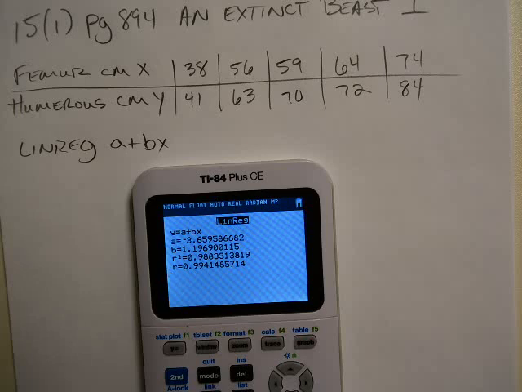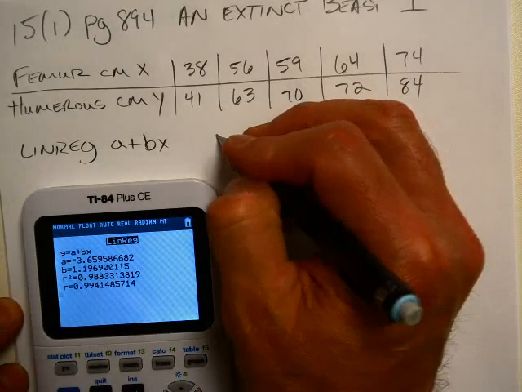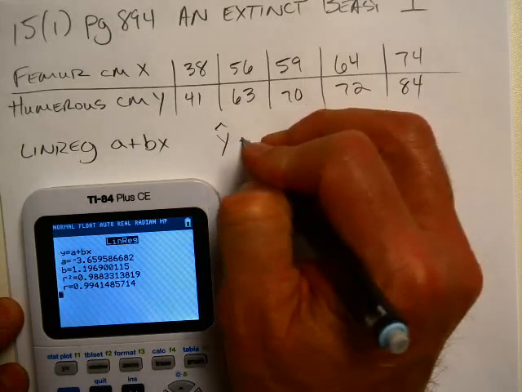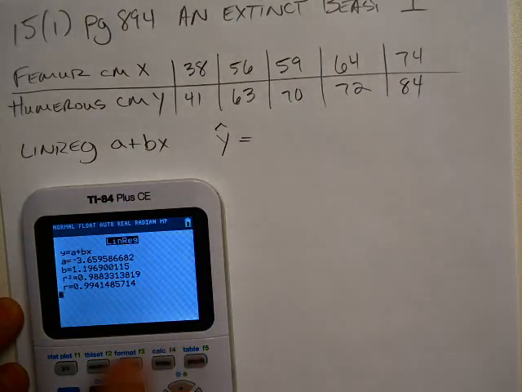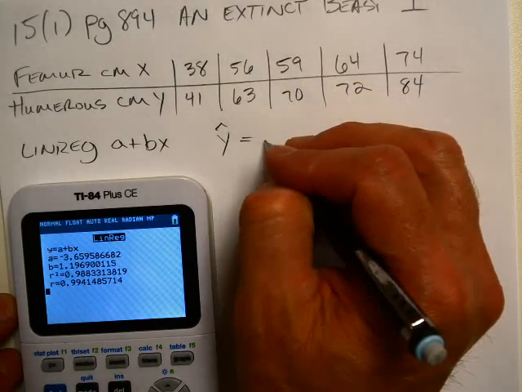And here's where you should get that r squared and the r value, where if you don't have that stats diagnostic turned on, you won't get that. So I'm going to write this down before I get too crazy. So my equation is y hat equals. I know it doesn't say y hat here. They just apparently can't program that into the calculator.